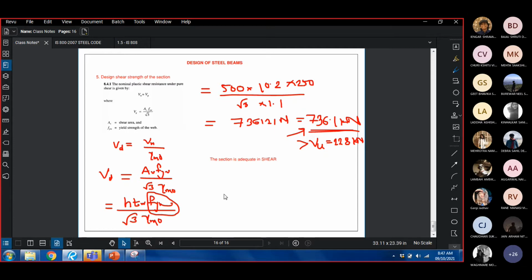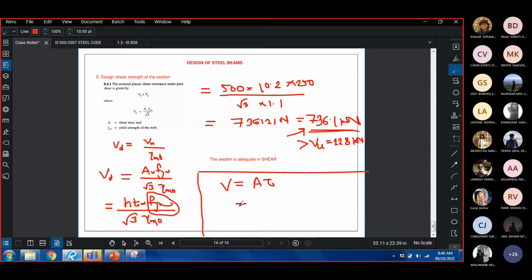Okay, so let me write this again. Perhaps I exchanged their locations and that is why I got confused. So what I wrote is V is equal to A times tau.